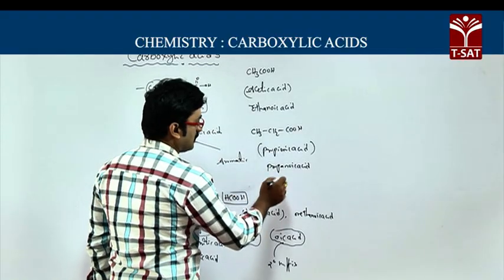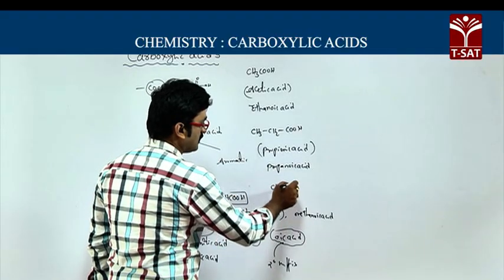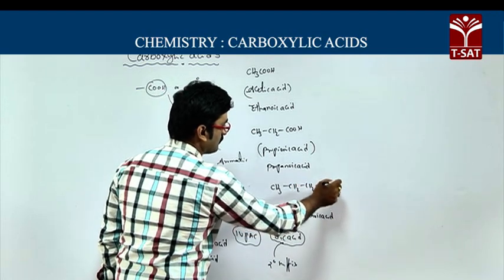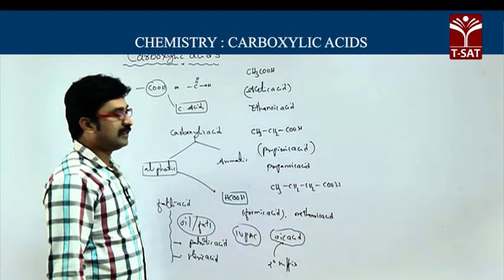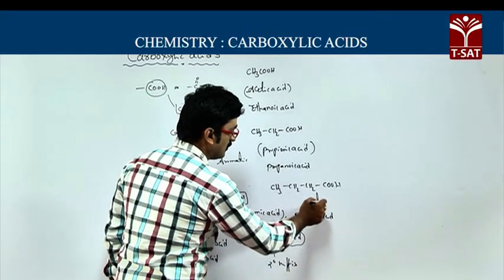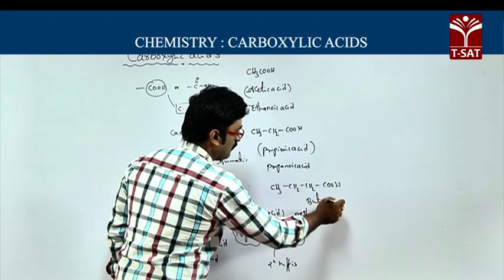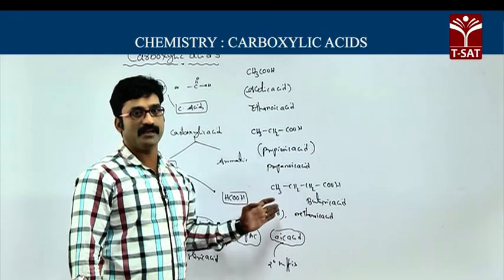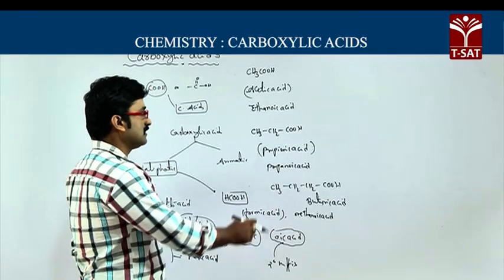And the next one is CH3, CH2, CH2, COOH. The common name of this compound is butyric acid, because it is obtained from butter.